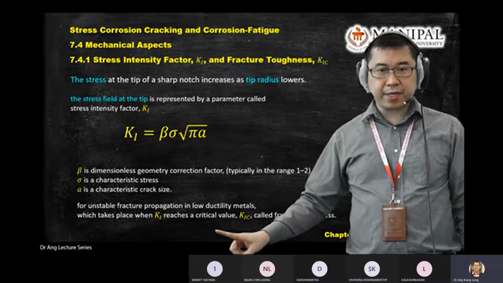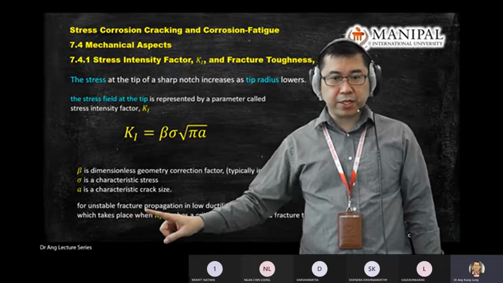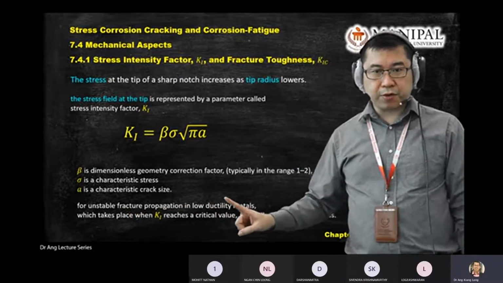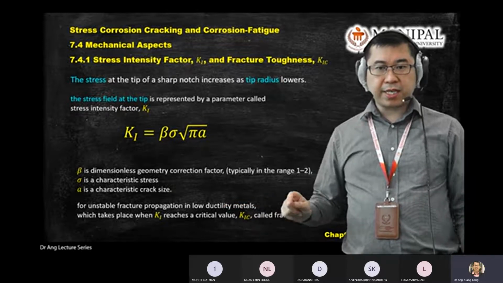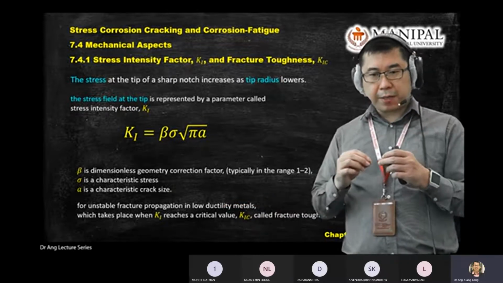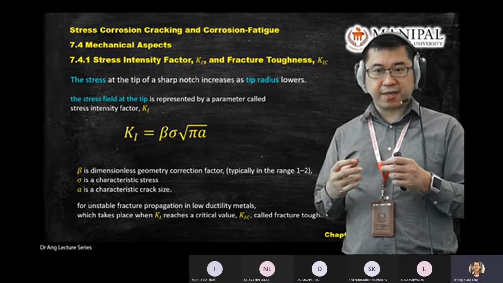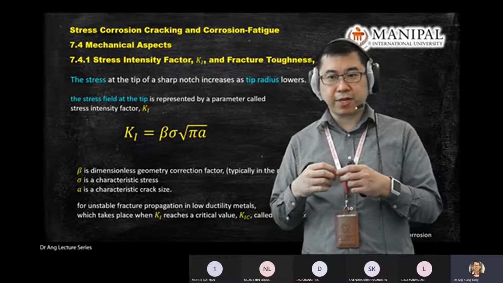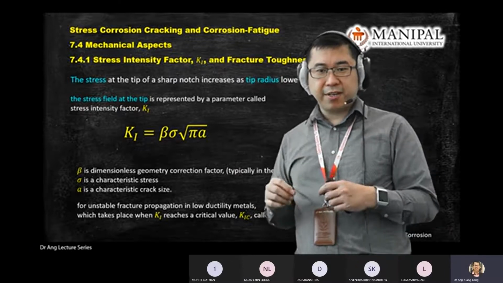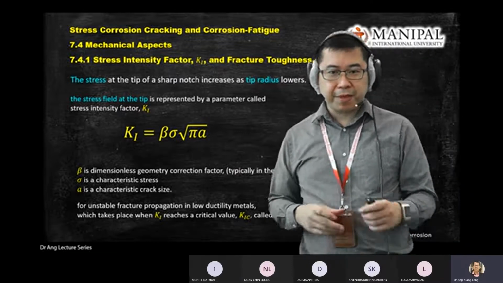There's a remark here. If you have an unstable fracture propagation, especially for low ductility metal, which means brittle objects, some metals you knock and they already break, right?